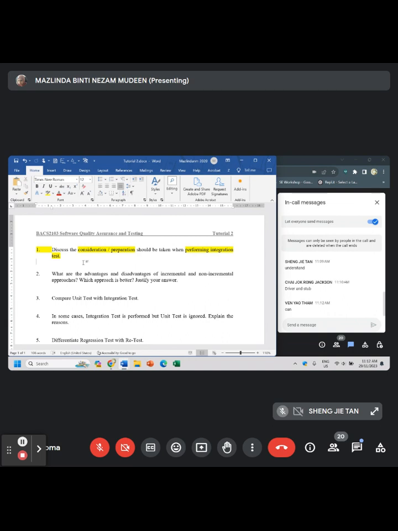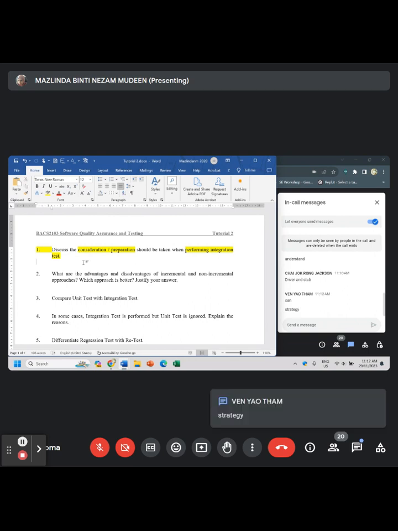So if it's an incremental approach, what will be the next thing I need to consider? The strategy. Yes, based on the completion of our development, what we already have, we need to decide which strategy we want to use.